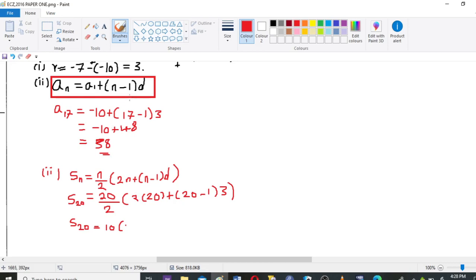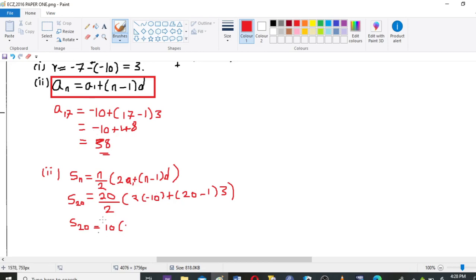Here we've made a mistake, so we've substituted the wrong thing. Here what we have is not n. Look at the formula, we have 2a and not 2n. This is 2a1, which implies the first term in our sequence, which is negative 10. So we have 2 multiplied by negative 10, and we proceed like that.